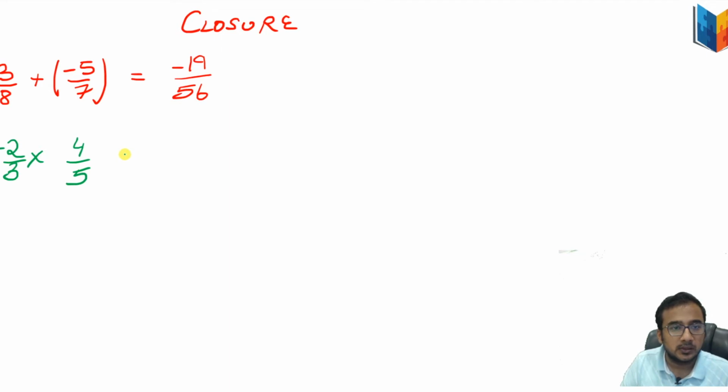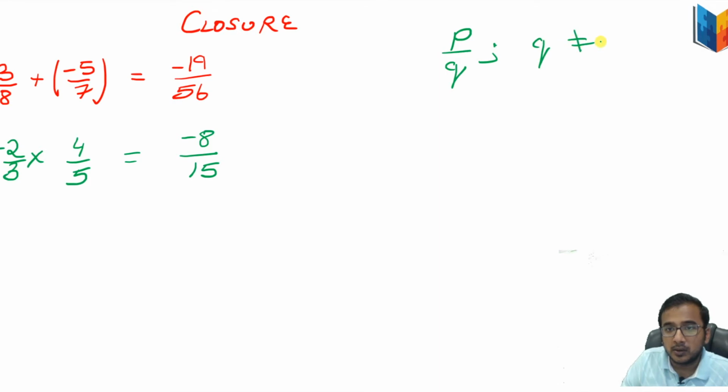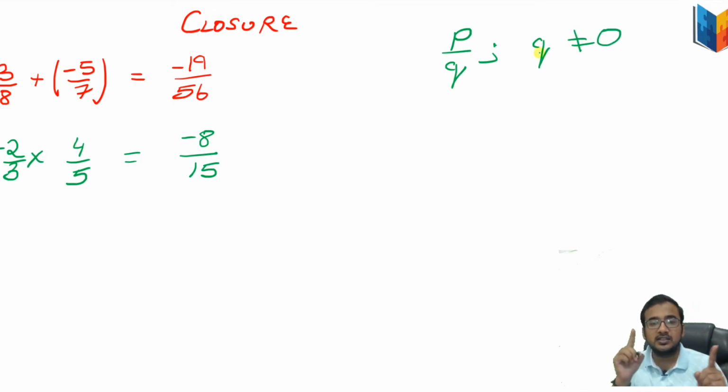Now we all know how to multiply. So it is minus 8 by 15, which is a rational number. And we all have studied when it is a rational number, when it is in the form of P by Q and Q is not equal to 0. So this is the form जहाँ पे हमें याद रखना.